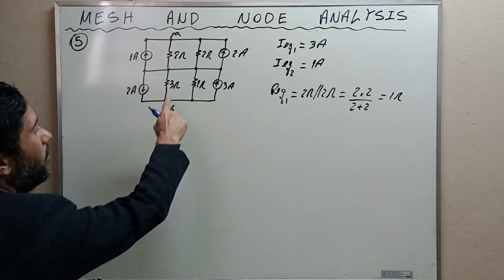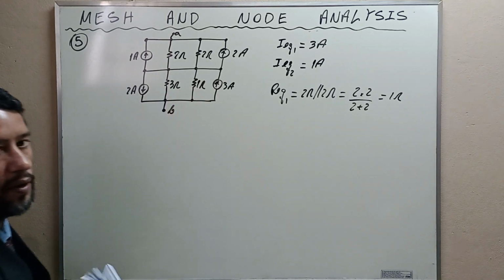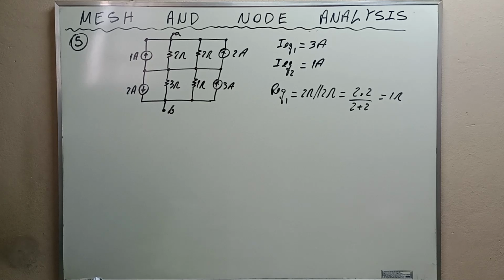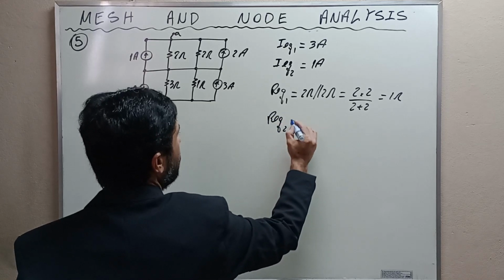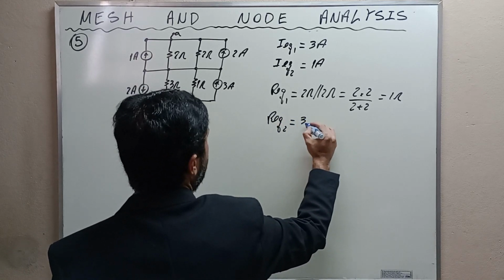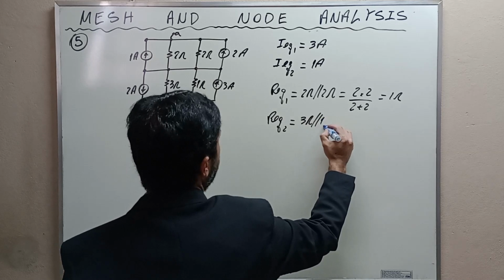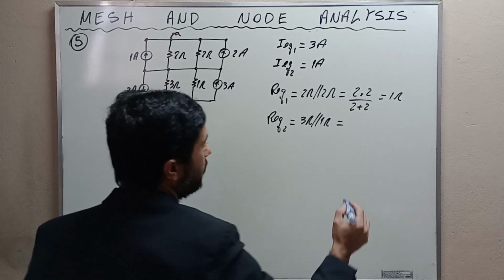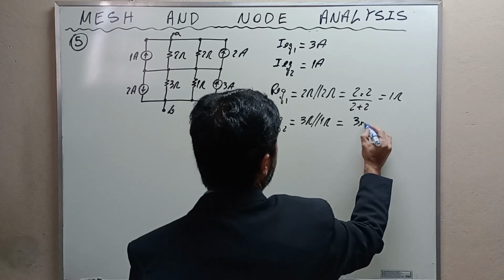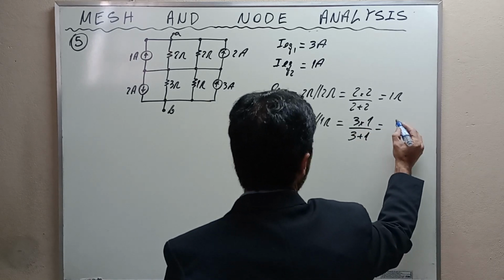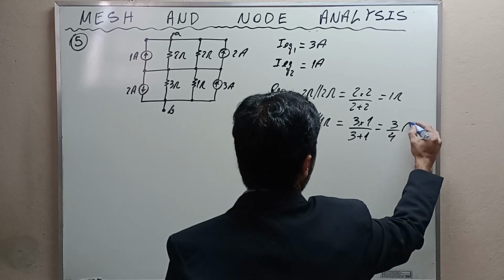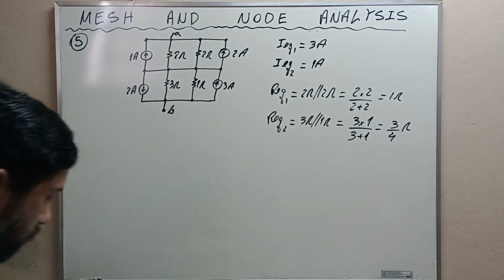Likewise, we do for this. Observe that they are in parallel, and resistances in parallel are calculated like this, which is equal to 3 ohms in parallel with 1 ohm, and this is equal to 3 times 1 divided by 3 plus 1, and this is equal to 3/4 of an ohm. Okay?